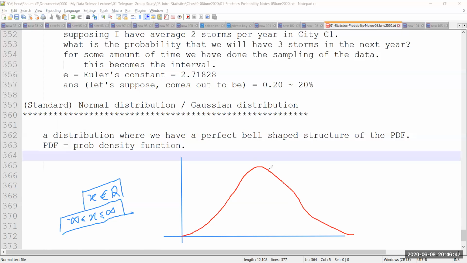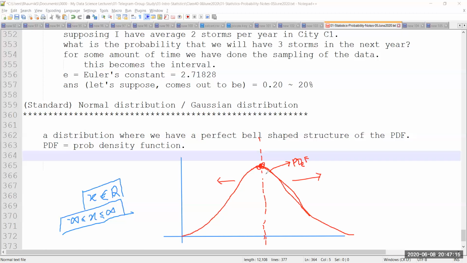Although I did not draw it in a very good way, the intention here is that if I divide this probability density function into two parts right at the peak. So this is the peak. I have only divided this curve into two parts. So this is one part and this is one part.